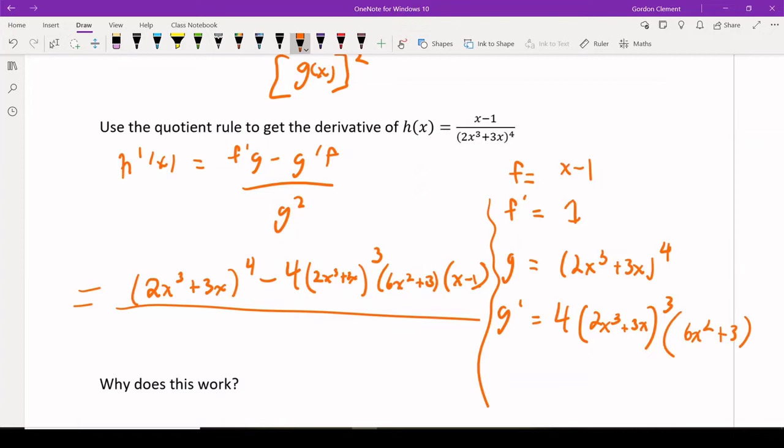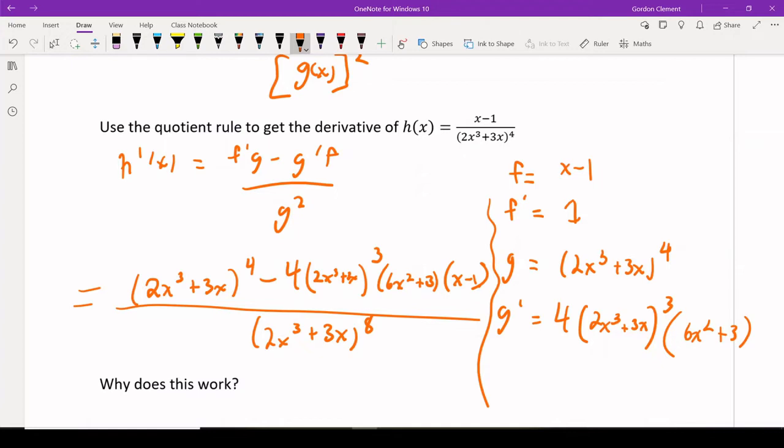So we've got 2x cubed plus 3x to the power of 4. If I square that, that's power on a power. You multiply the exponents. It's going to become 8. So there we go. So there's your kind of first line only.